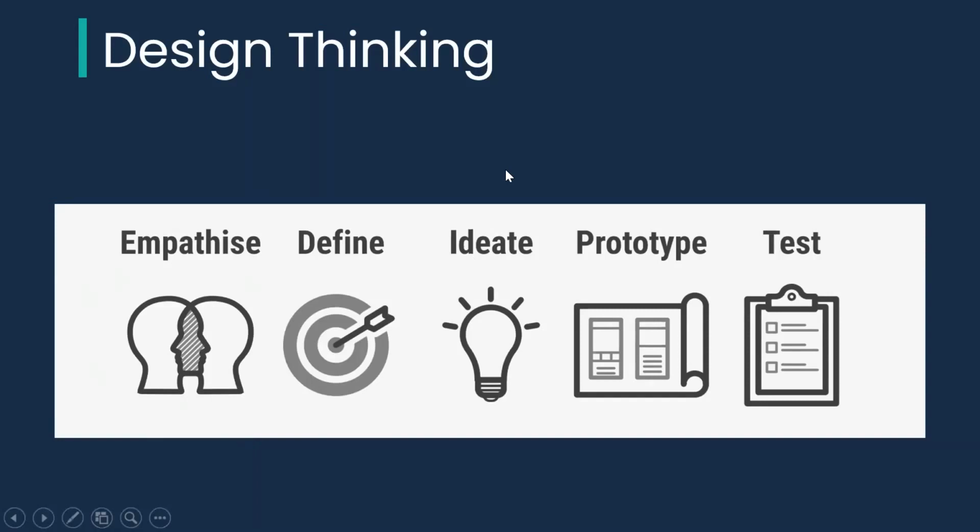We ideate because we want to look for the best solution to those defined problems. And then prototype. So when we talk about MVP, basically we are here. We are in this particular process of building our MVP, on the prototype part, okay?